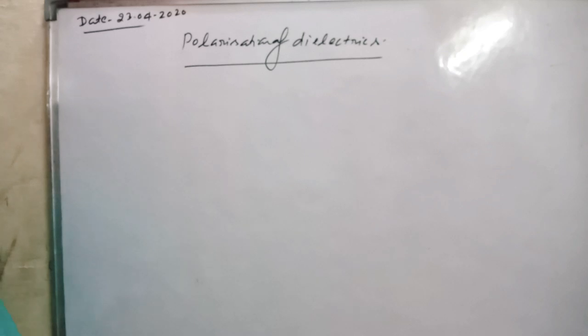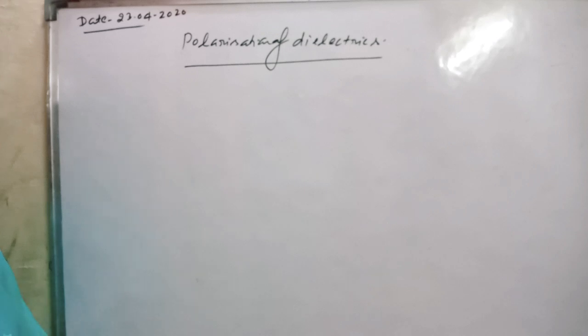negative charge experiences force opposite to the direction of the field, and positive charge experiences force in the direction of the field. That means negative and positive charges of a molecule are separated by a very small distance. That means each molecule of the dielectric behaves like an electric dipole.